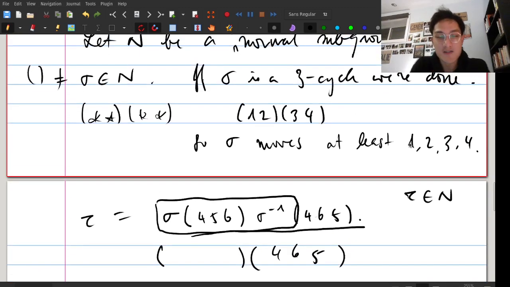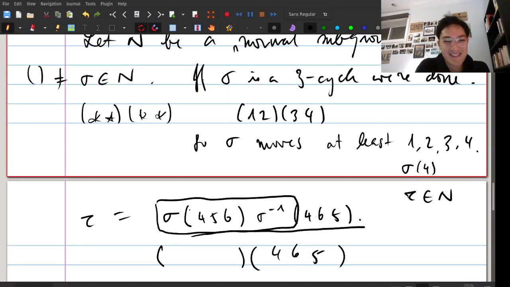Let's try and figure this out. Sigma moves 4 to something. Let's say sigma moves 4 to sigma 4, that's literally by definition. Then 6 goes to, we should put sigma 4 somewhere.